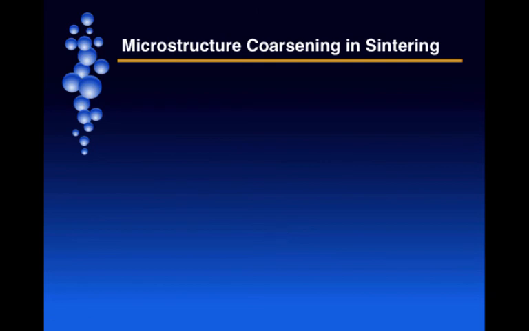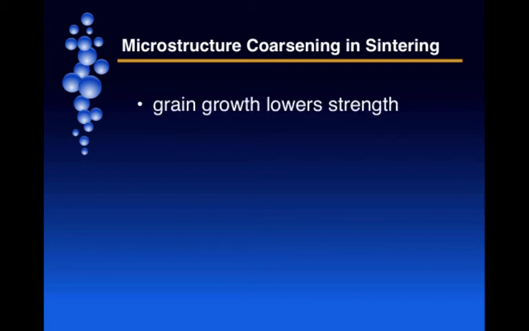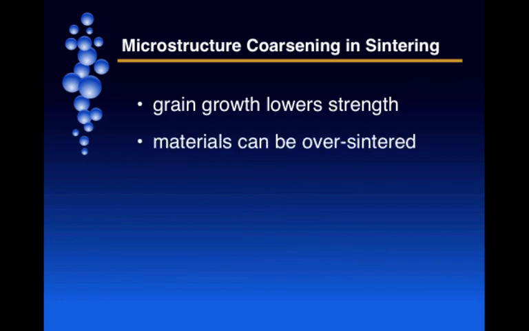The Hall-Petch relation, for instance, gives an idea of how properties might change as a function of the grain size. So grain growth lowers strength. So you don't want too much time at the sintering temperature. You don't want too high a sintering temperature. Right? So materials can be over sintered. They fall outside that sweet spot.